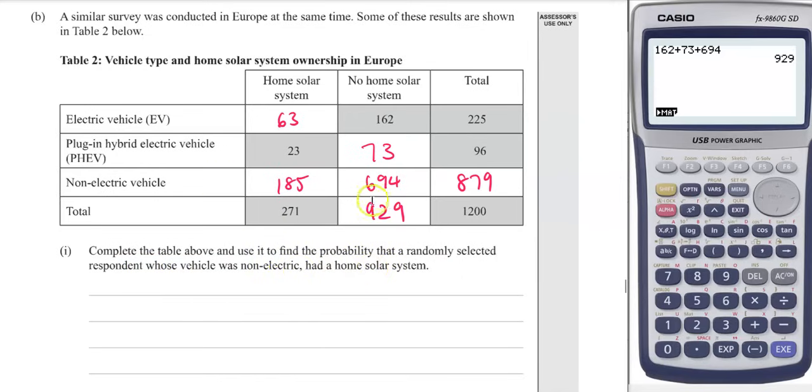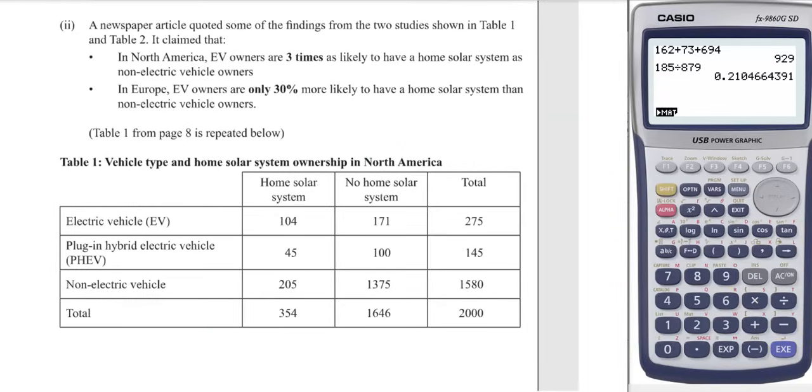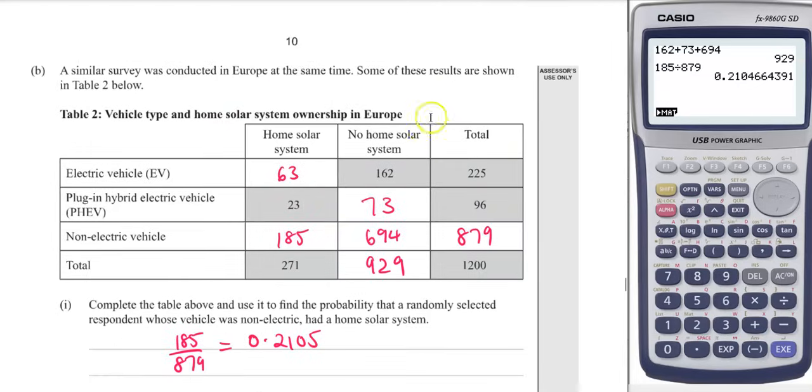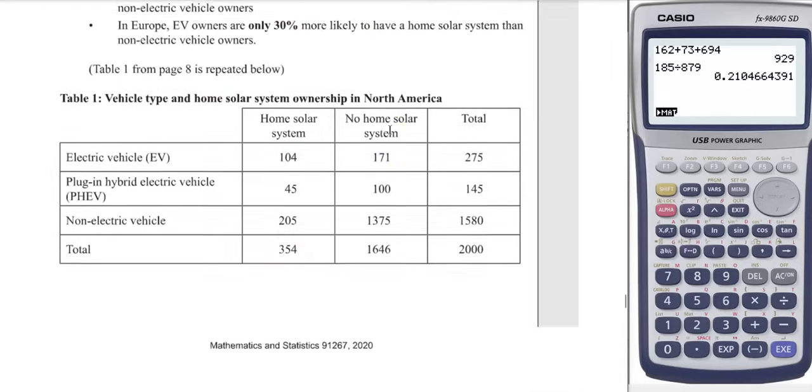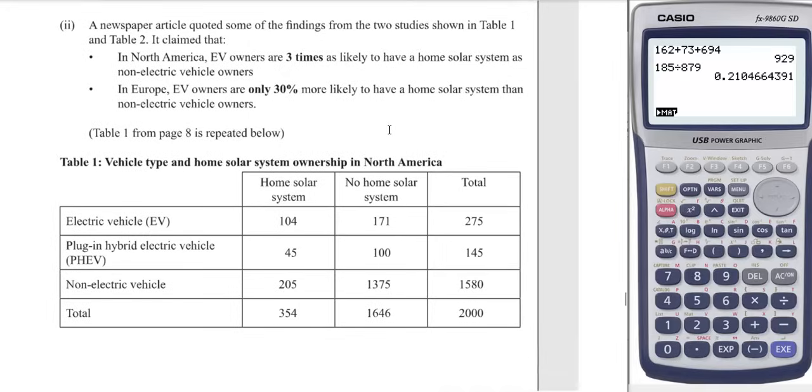So of the non-electric vehicles, the chance of having a home solar system is 185 out of 879. Okay, part 2. We've got some comparisons between, so this one's the table for North America. This one here was the table for Europe. Looks like we're going to do some comparisons here.